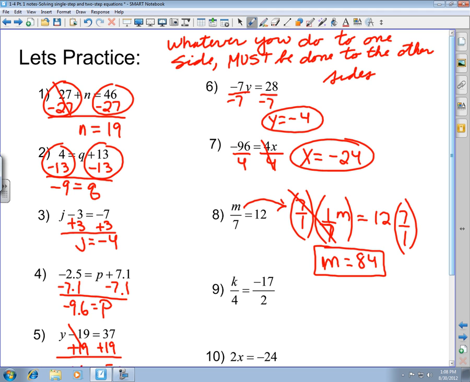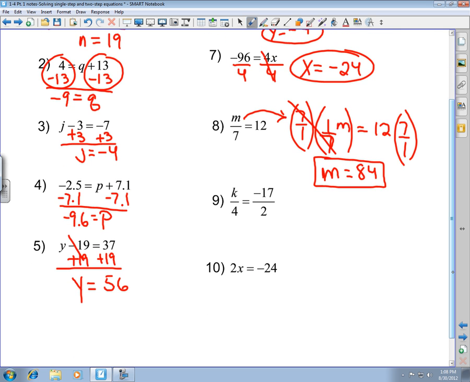So to get rid of a denominator, or a fraction for that matter, just go ahead and multiply by the reciprocal. For example, here I've got k over 4 equals negative 17 over 2. Let me move this over here to have a little bit more space. All right, so I've got k over 4.